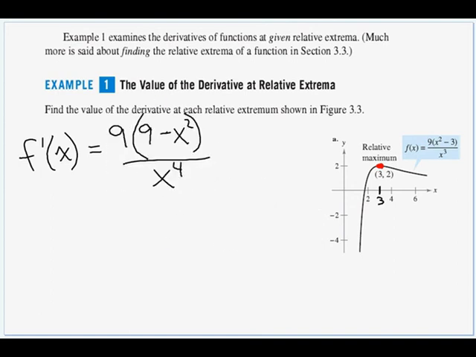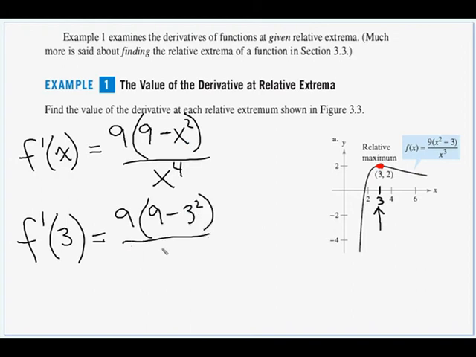Now what they're asking us to do in this problem is just to verify that this is the relative max. So if I plug this x value in, an x value of 3, into this derivative, I should get a value of 0. So let's give it a try. f prime of 3 is going to be equal to 9 times the quantity 9 minus, instead of x squared, we're plugging in a 3 squared, all over x to the 4th.